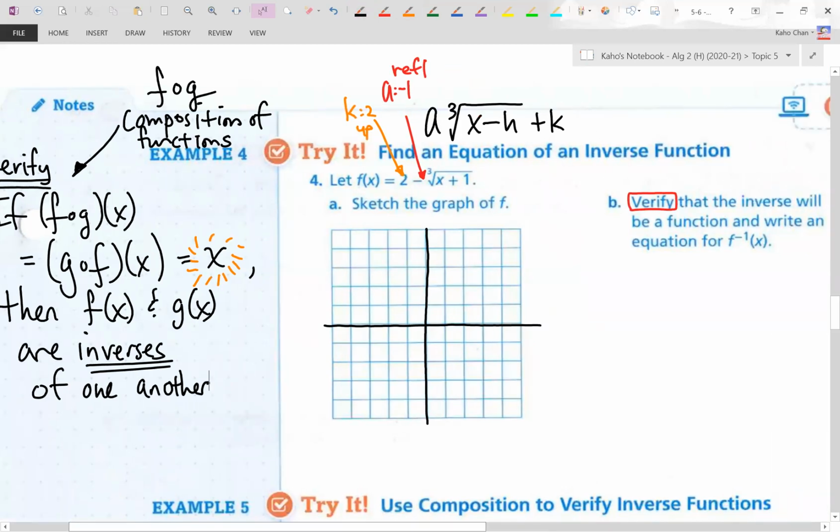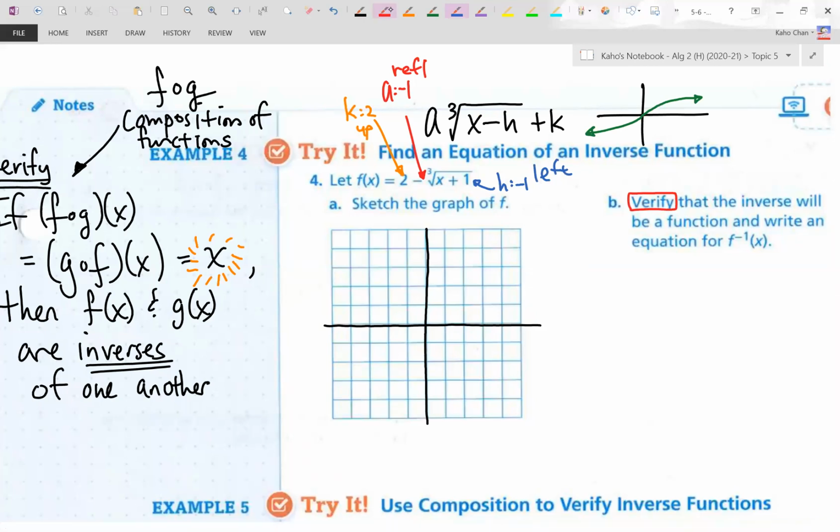When we sketch 2 minus the cube root of x plus 1, we are taking the cube root function, as you know from before. The graph looks like this. We're going to shift it, and when h is -1, that means I'm going to the left. So this graph is going to look kind of funny. Oh, and there's a reflection too.